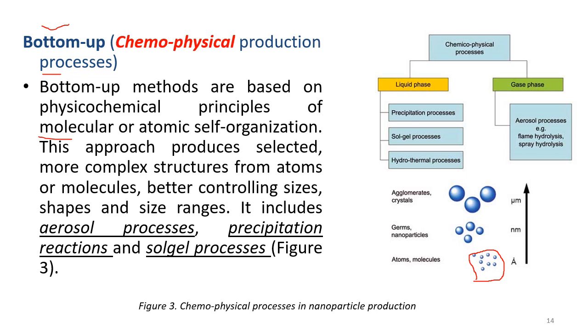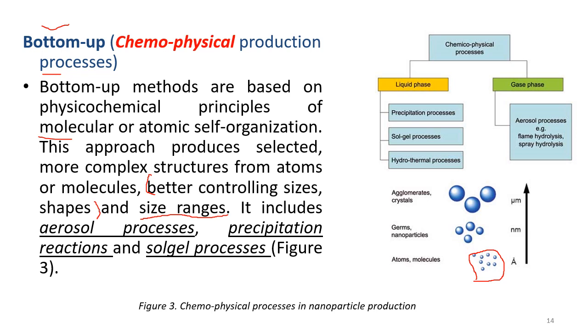This approach selectively produces more complex structures from atoms, having unique properties and better controllable size. We can give a definite shape, and it can be done at a specific range also.